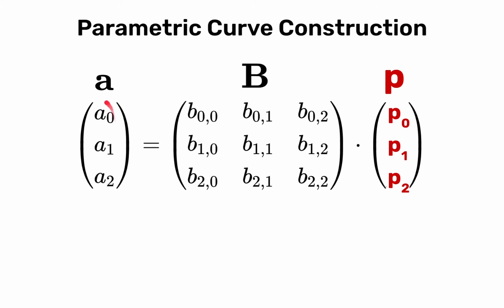So to find our coefficients for our quadratic parametric curve, we just have to find B and then multiply our blending matrix B with our vector of control points P.